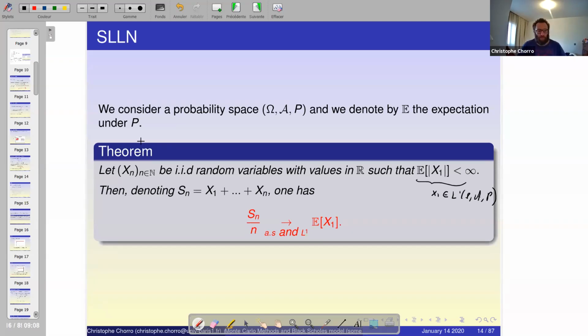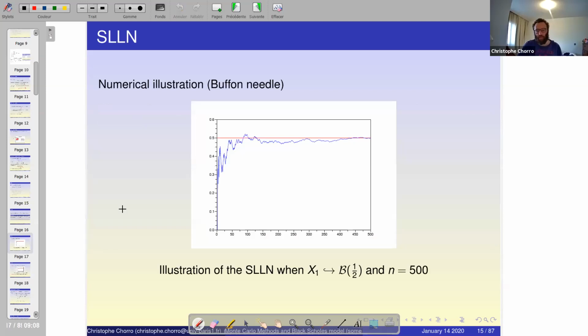As an illustration, I can show you this graph. Here I suppose that X1 follows a Bernoulli of parameter 1/2. In some sense, we are in the case of the Buffon needle, where the probability of intersection is equal to 1/2. What I have plotted here in blue is Sn over n.